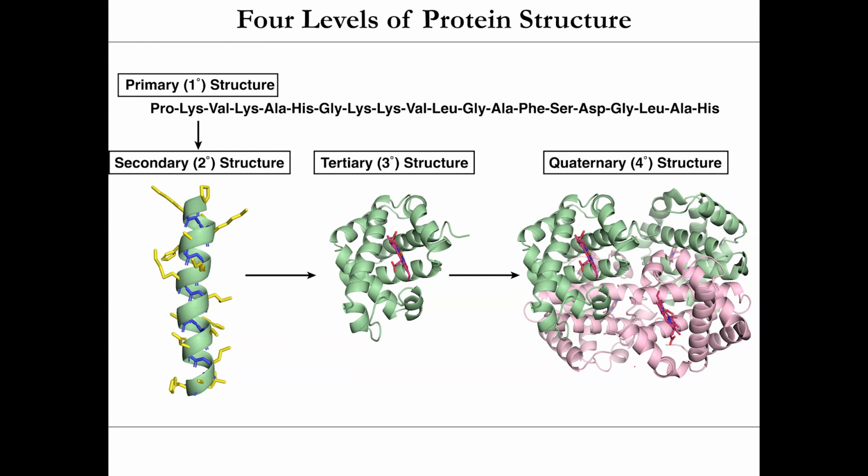Now that primary structure is then going to fold into secondary structure, such as this alpha helix here, which is caused by hydrogen bonding on the backbone of the polypeptide chain, with the side chains sticking out from the alpha helix, which is a really good representation of that here. So the side chains are shown in yellow, and that backbone is shown in blue. And then the graphical depiction of the alpha helix as a ribbon is shown in green.